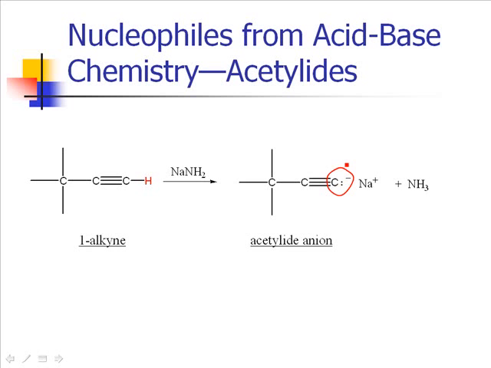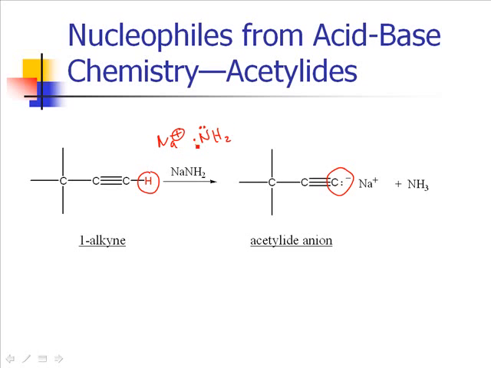We can make this acetylide anion in the laboratory by reacting an alkyne that is at the end of the molecule chain, so that it has a hydrogen on one end of the carbon-carbon triple bond, and react this with a strong base. This strong base is sodium plus NH2 minus.